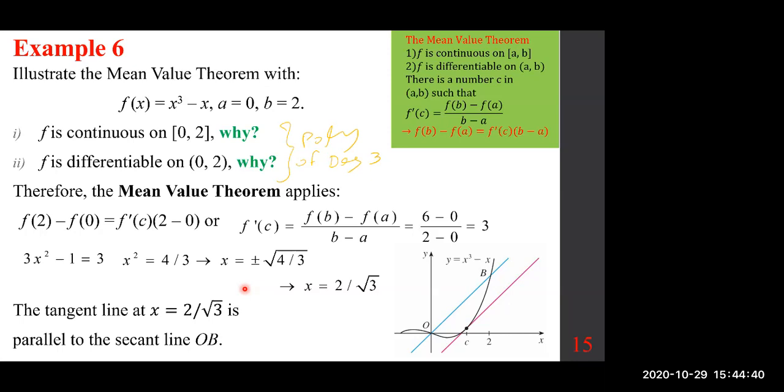Remember, we are going from 0 to 2. This is 0, 0. This is 2, 6. And this is the other point, the origin.